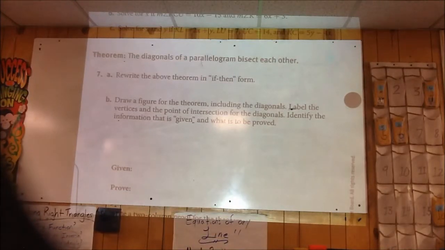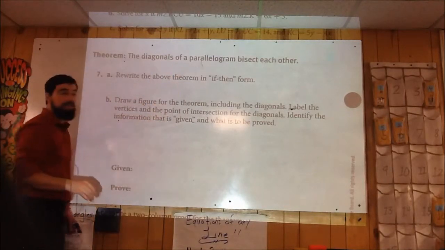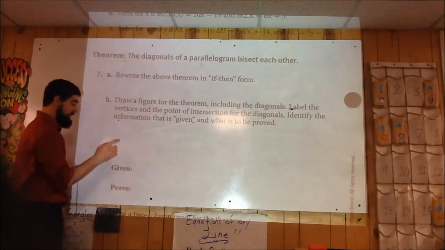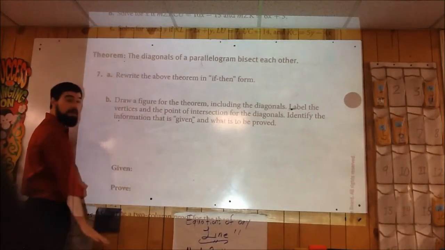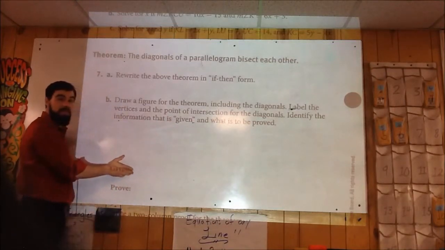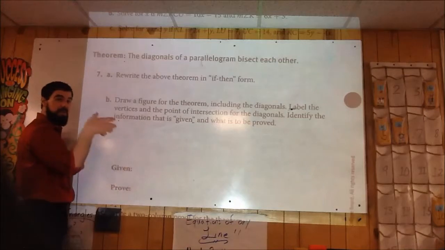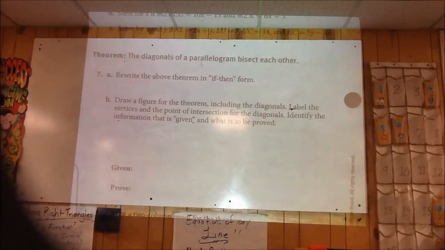So, they're expecting y'all to rewrite this as an if-then statement, and then do a two-column proof in its entirety. That means create your own diagram, write the given statement, write the proof statement, and then prove it. So I'm going to get y'all started. It says to rewrite the above theorem in the if-then form.